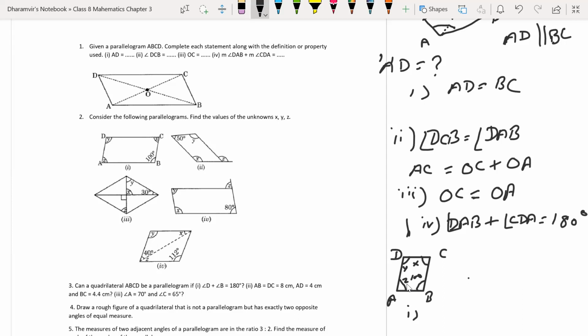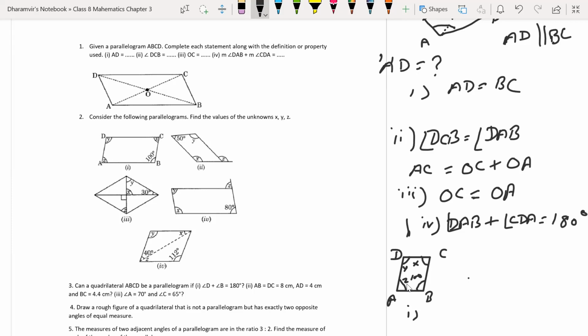So in a parallelogram, the value of one angle that is at the point B is 100, we have to calculate the value of x, y, z. So how we would calculate the value of x, y, z?